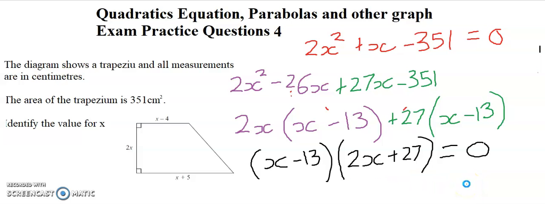Because we're talking about measurement, we can't have a negative. So we just look at x minus 13. x minus 13 equals 0. I add 13 to both sides and I get x equals 13. And that's our answer, 13.